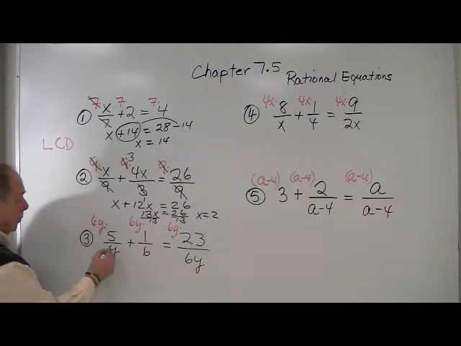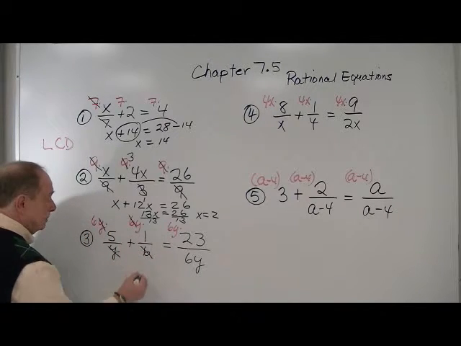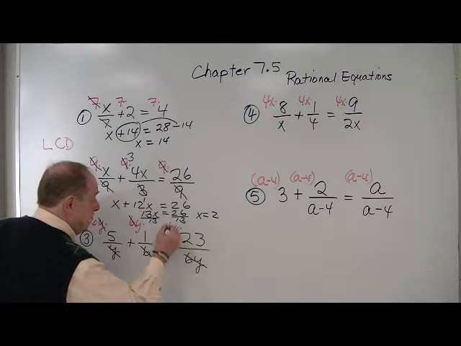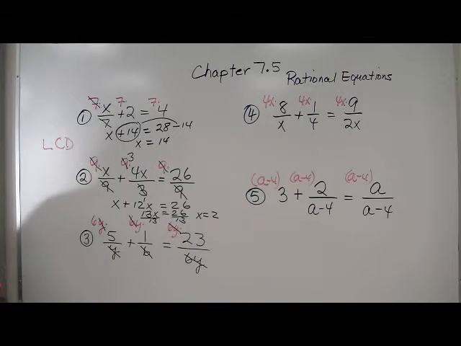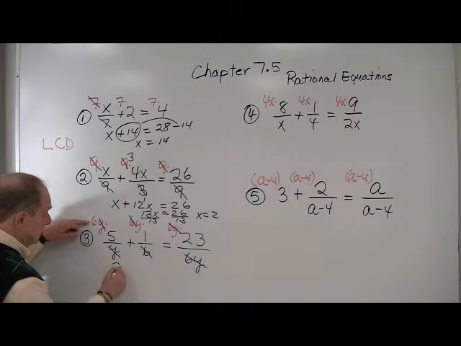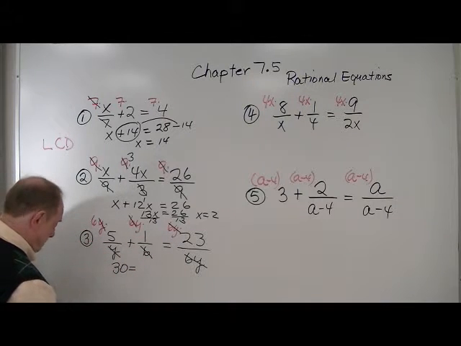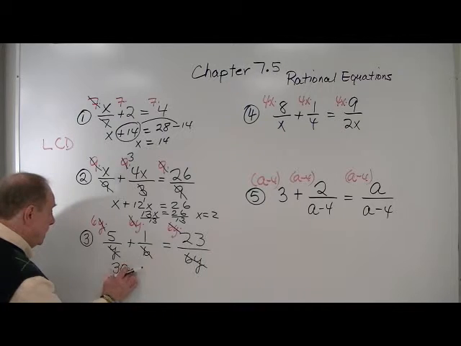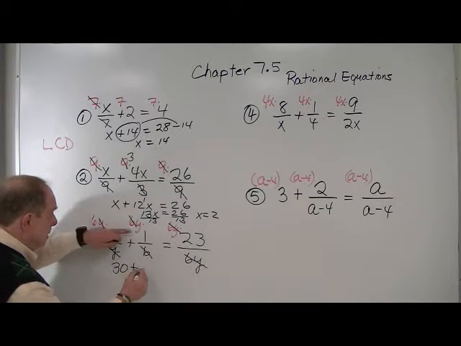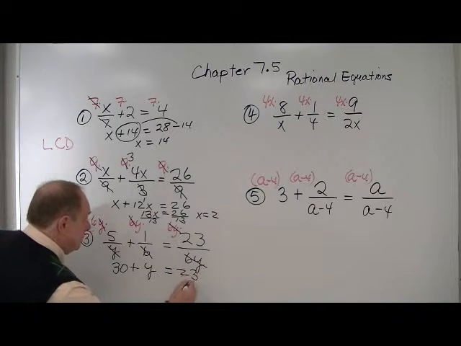In number 3, the y's cancel out. Here the 6 cancels out. And here the 6y cancels out. So you end up with 5 times 6 is 30, plus y equals 23.